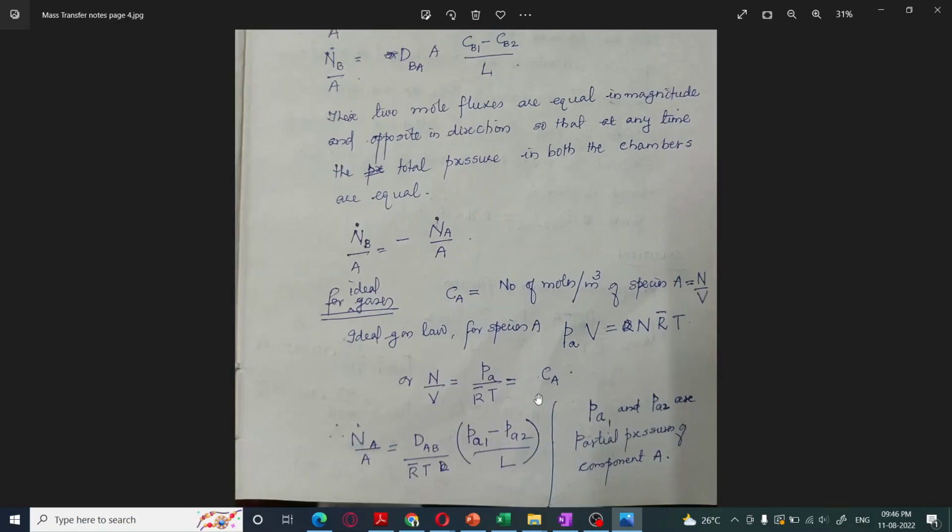So in total we have N dot A divided by A equal to D by R bar T into Pa1 minus Pa2 by L. If you compare everything with the conduction equation, we can easily learn these things by heart. DAB is the mass diffusion coefficient, and for the conduction equation, conductivity is taken there.